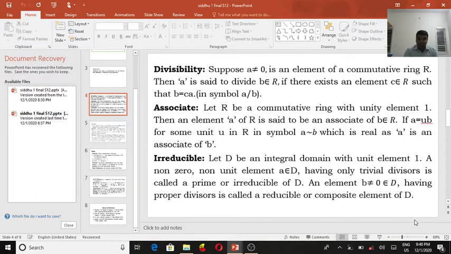Associated means: let R be a commutative ring with unit element 1.